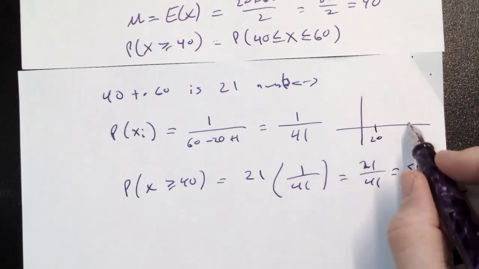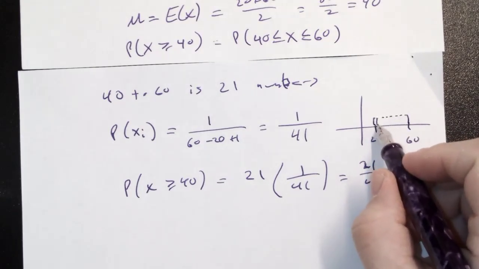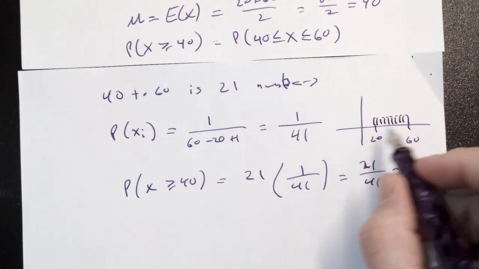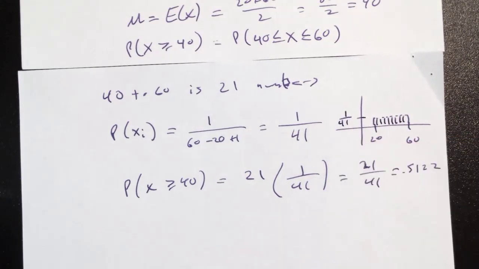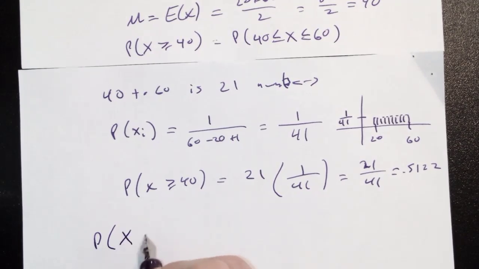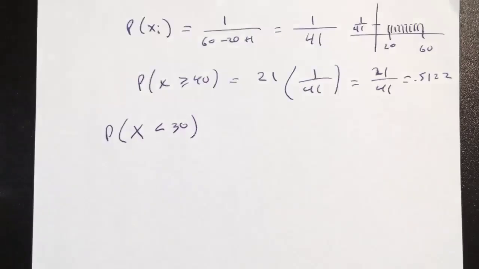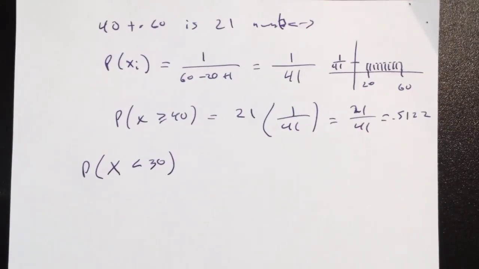It's starting at 20, going to 60, and every bar being the same height, 1/41. So I'm just counting up all the bars. What is the chance that I ask someone their age and they are younger than 30? Notice the inequality here.